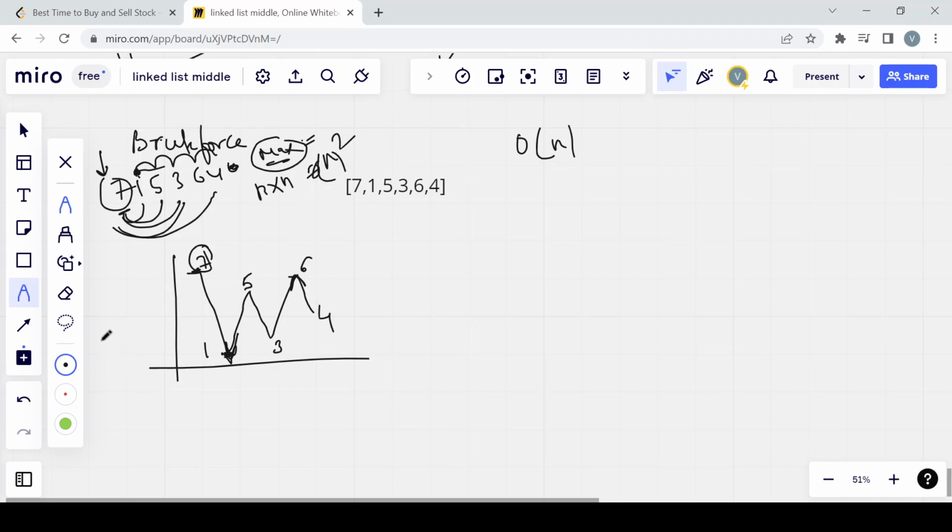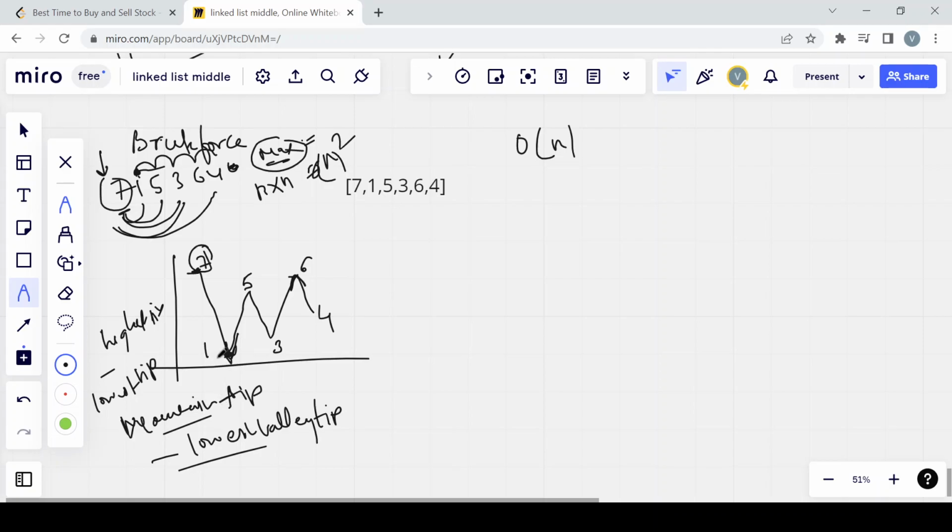So the idea here is the highest tip minus the lowest tip, or you can say highest mountain tip minus lowest valley point.